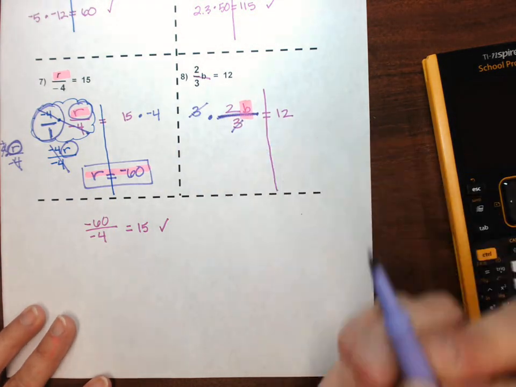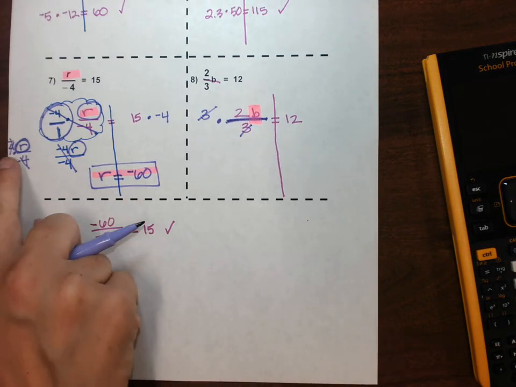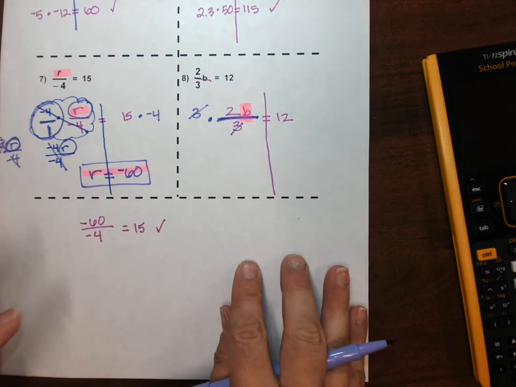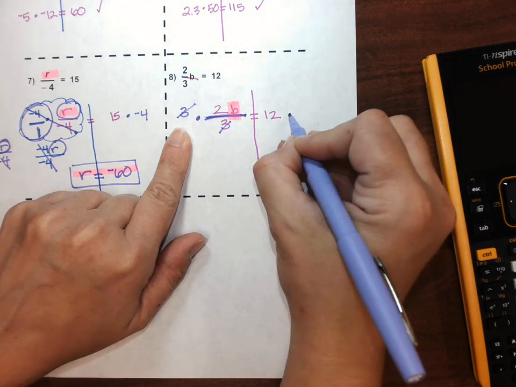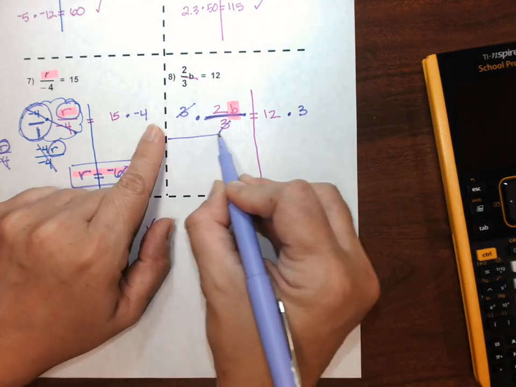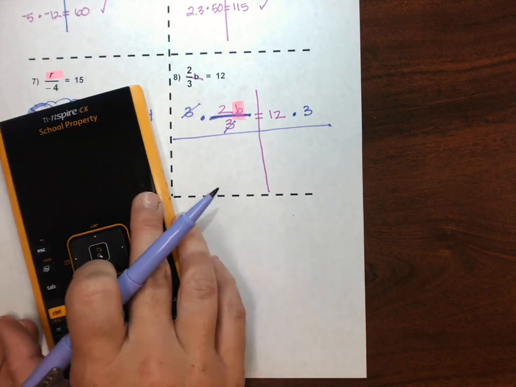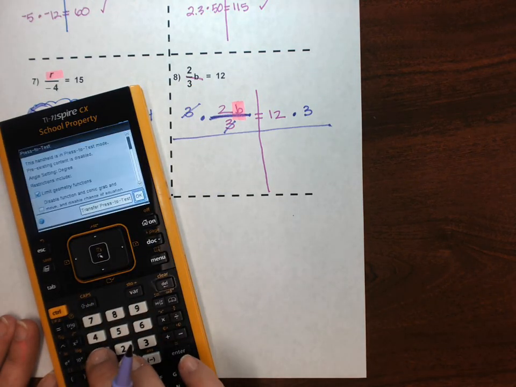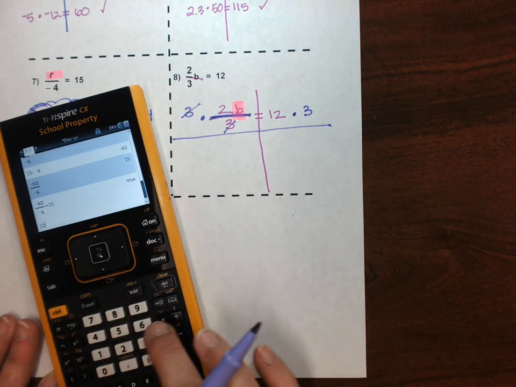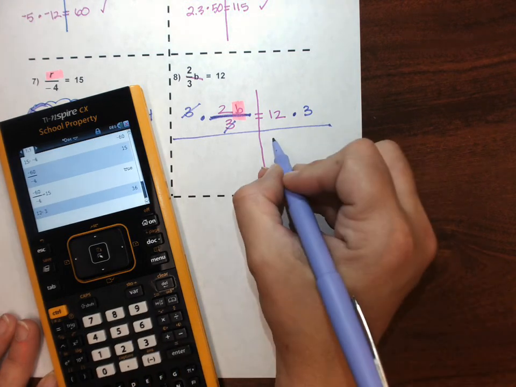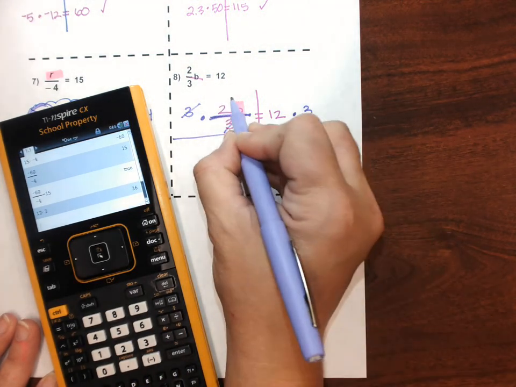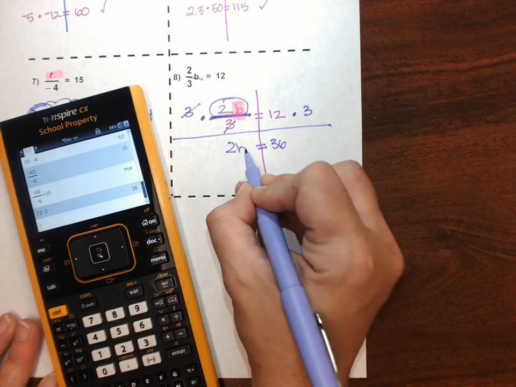See how those go away? Just like over here. If I multiply by 3 on this side, I multiply by 3 on this side. So I'm going to say 12 times 3 is 36, and I'm going to bring down that 2b.